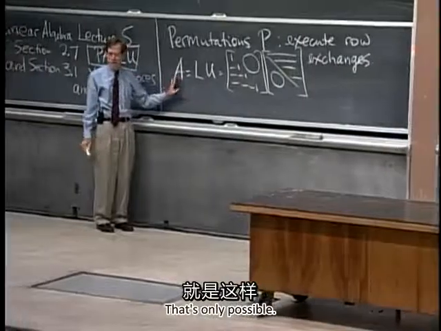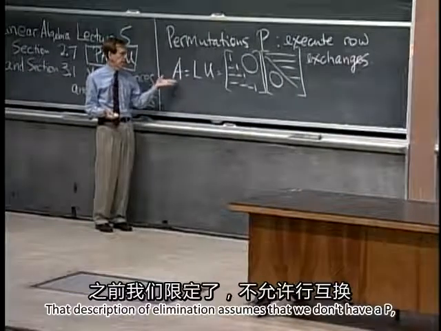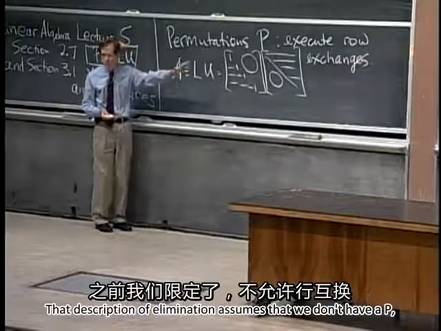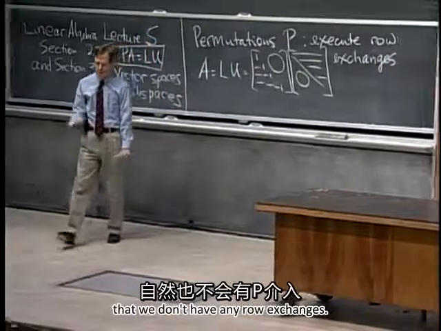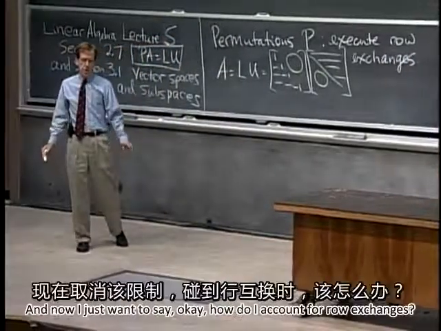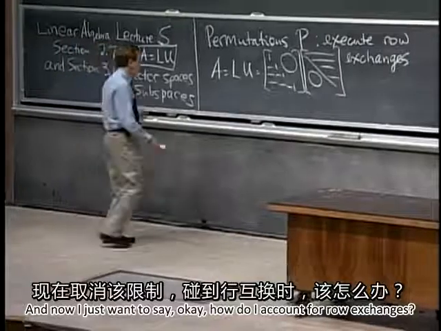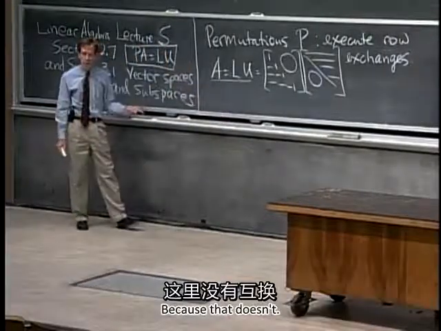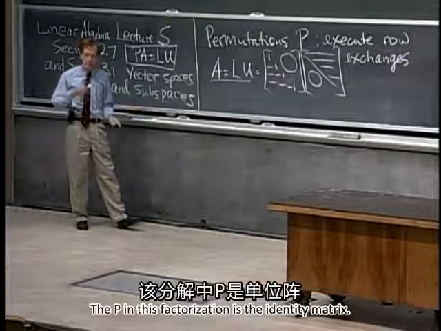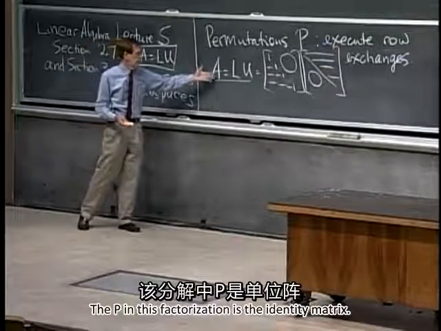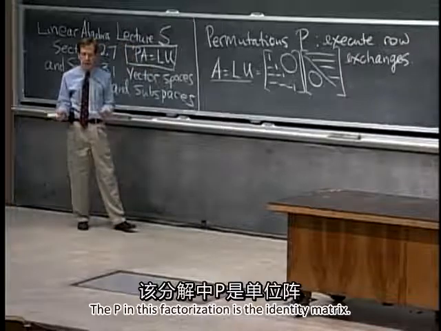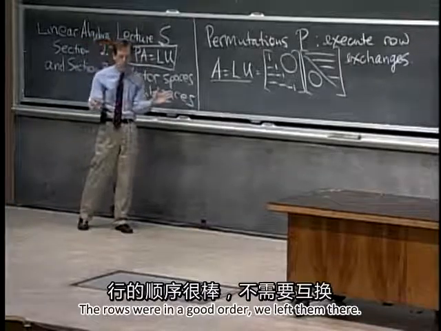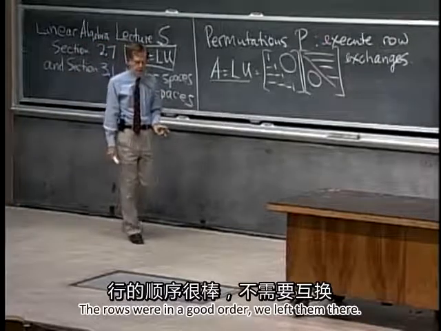That's only possible. That description of elimination assumes that we don't have a P, that we don't have any row exchanges. The P in this factorization is the identity matrix. The rows were in a good order, we left them there.